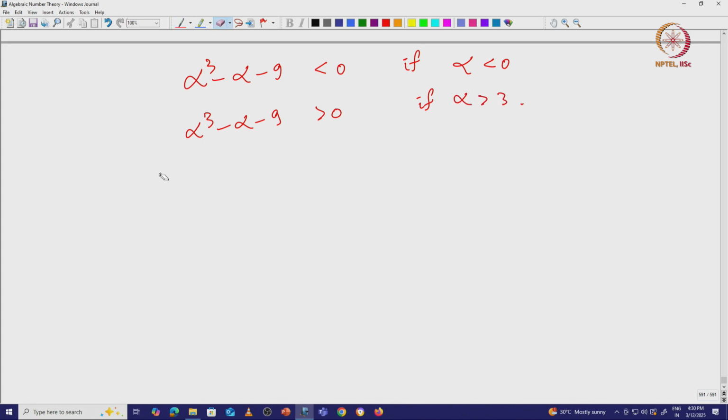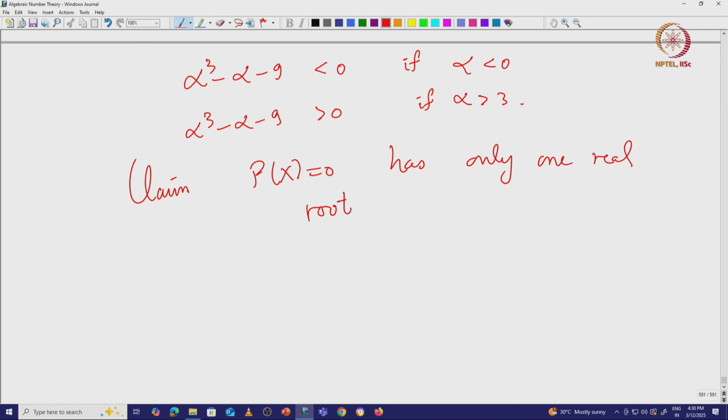So, my claim is that p(x) equal to 0 has only one real root. Maybe I will prove this claim a little bit later. So, let me assume the claim and then say R1 is 1 and R2 is 1.